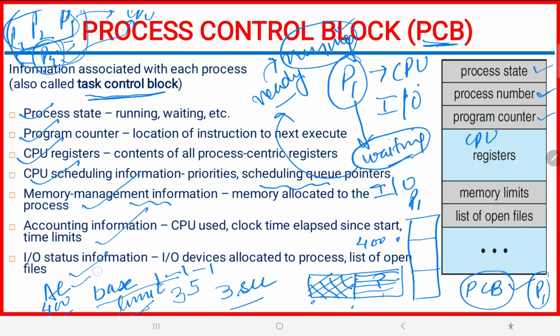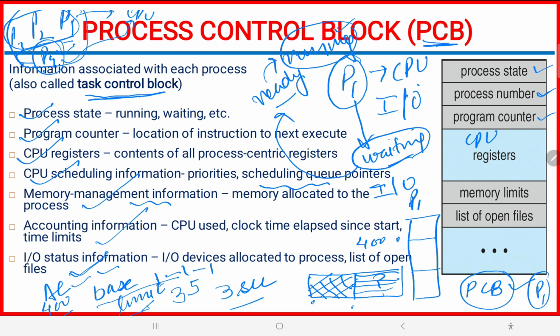This part specifies which devices are already acquired by the process for its execution. Plus, it also specifies the various files which this process has opened. All such information is available in the IO status information.